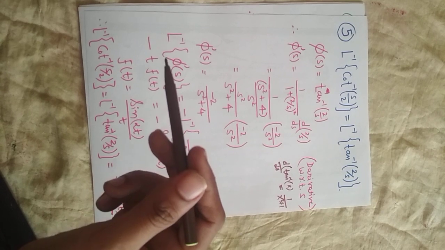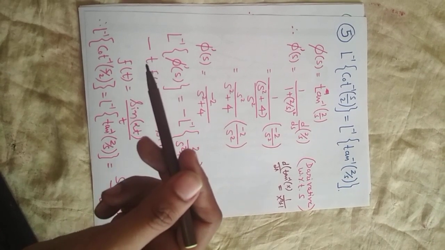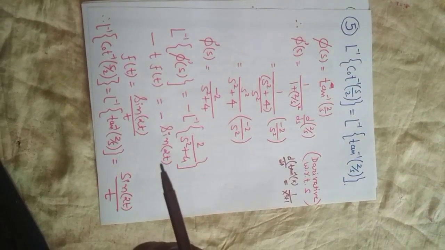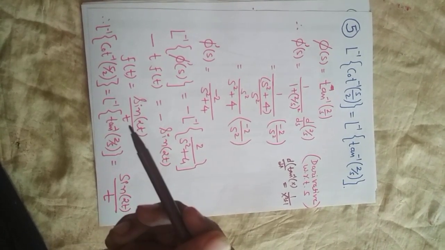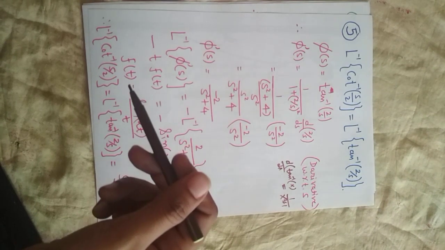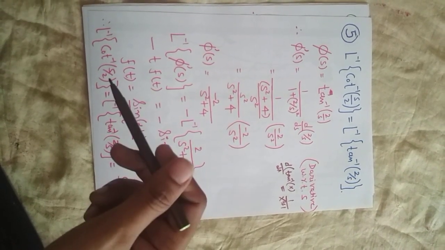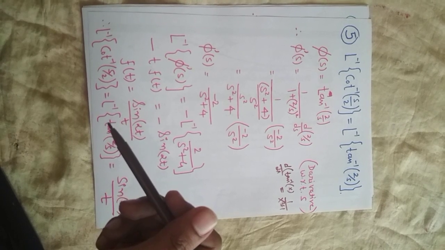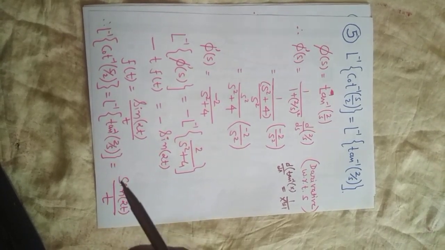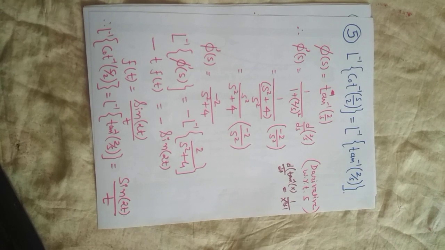That means inverse Laplace of phi dash s equals minus t f(t) equals minus sine 2t. Therefore f(t) equals sine 2t by t, cancelling the minus from both sides. Therefore our answer for cot inverse s by 2, equal to tan inverse 2 by s, is sine 2t by t.